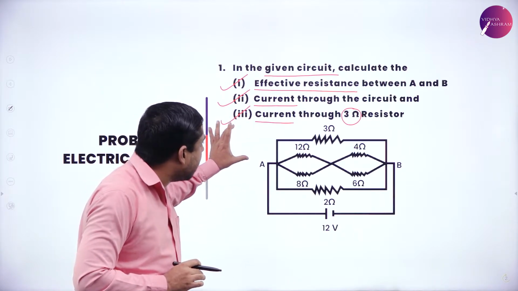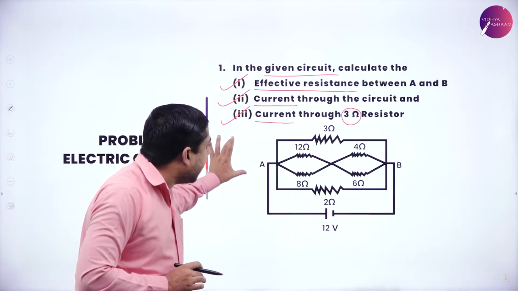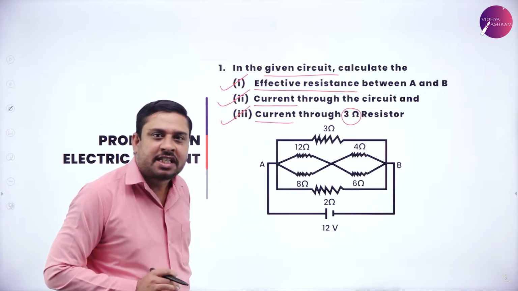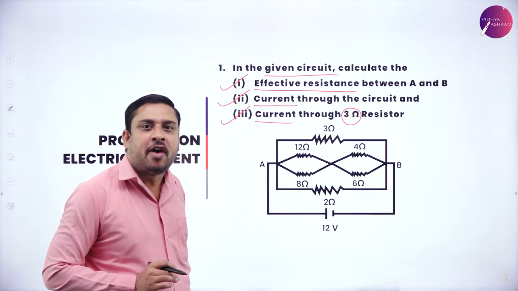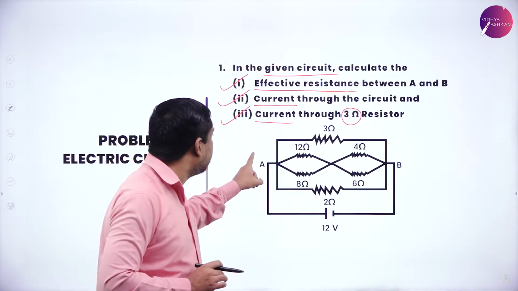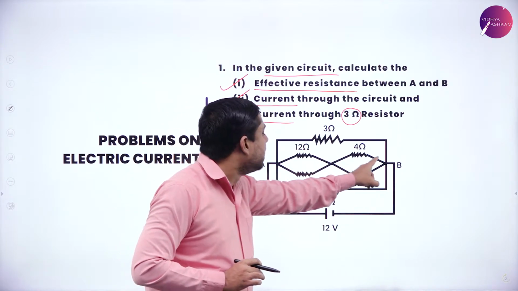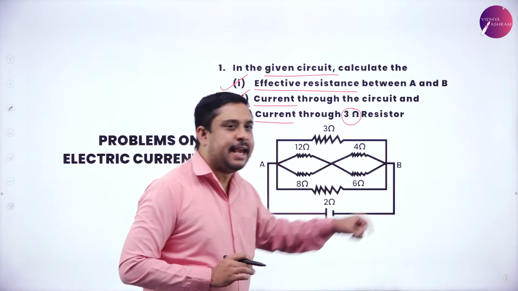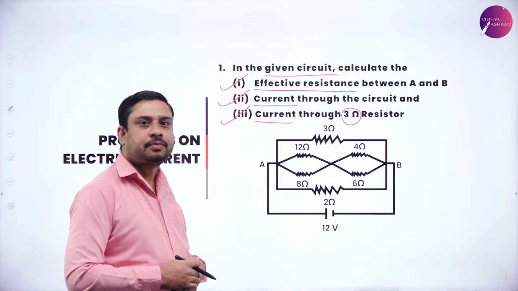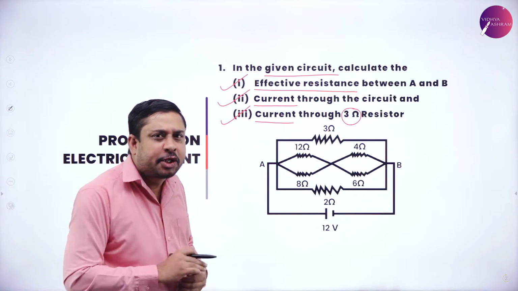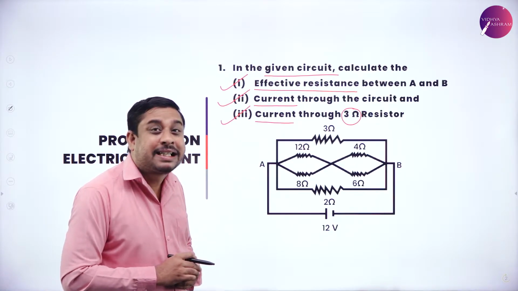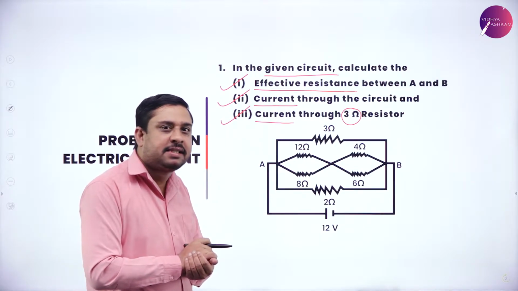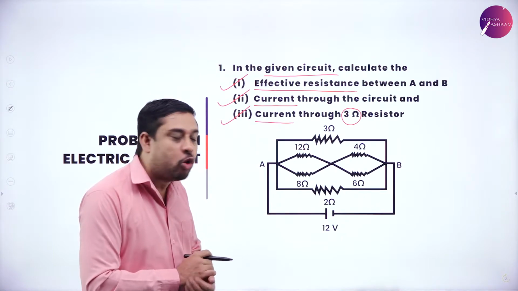So, a circuit is given below, from which I have to first calculate the effective resistance between the points A and B. Analyze the circuit closely.